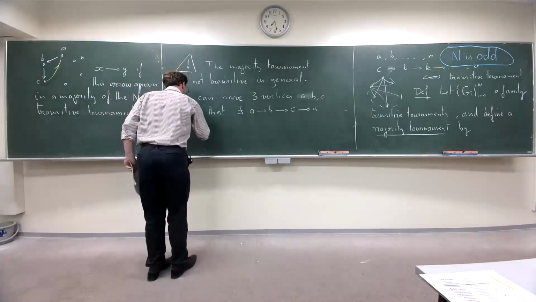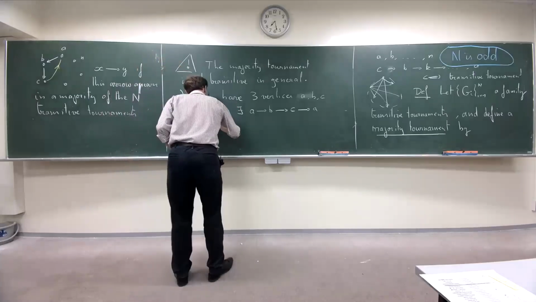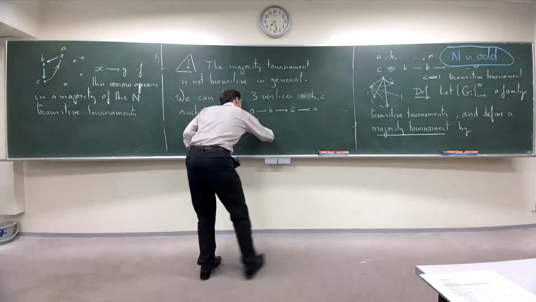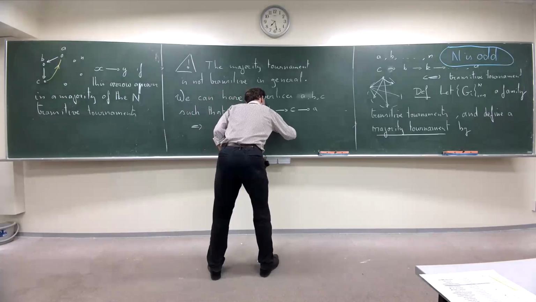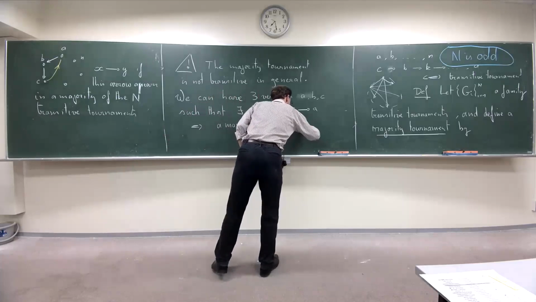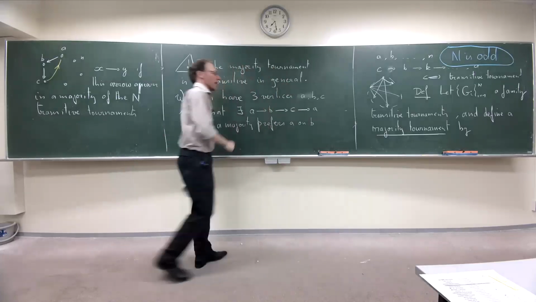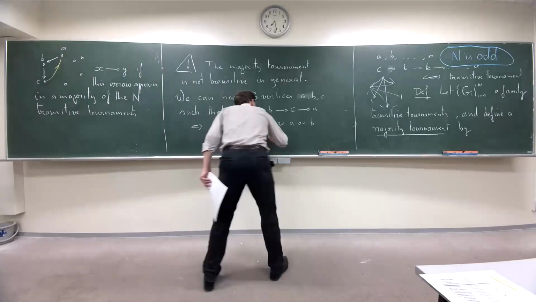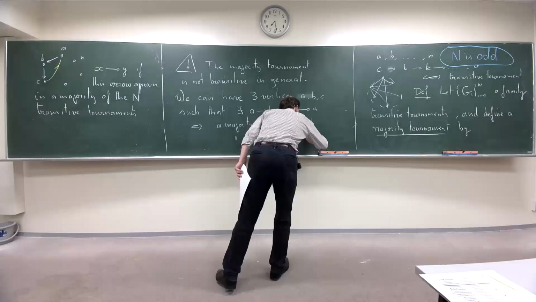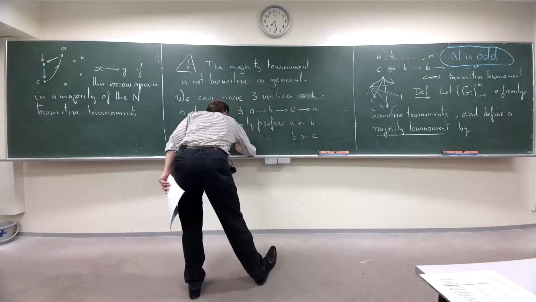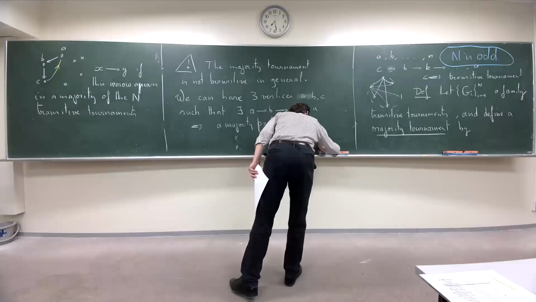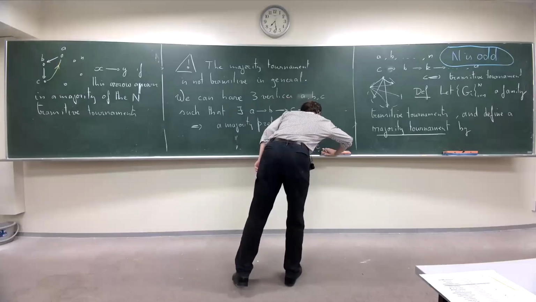It means a majority prefers A over B, because we have an arrow from A to B. But you also have a majority which prefers B over C, and also a majority which prefers C over A. There is no contradiction.